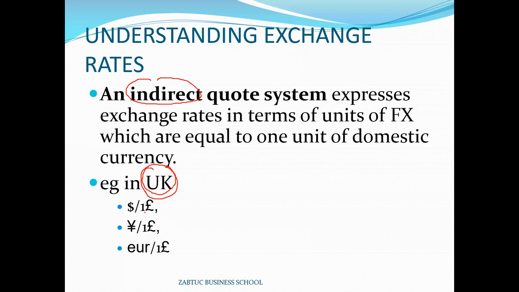So in this system, they start with units of foreign currency. So then they talk about so many dollars to a pound, so many Japanese yen to a pound, so many euro to a pound. This is a system which we call indirect.